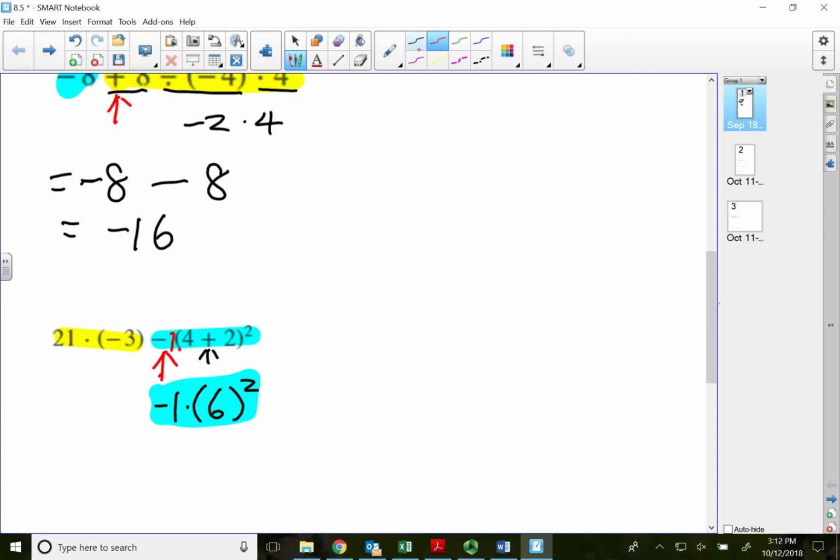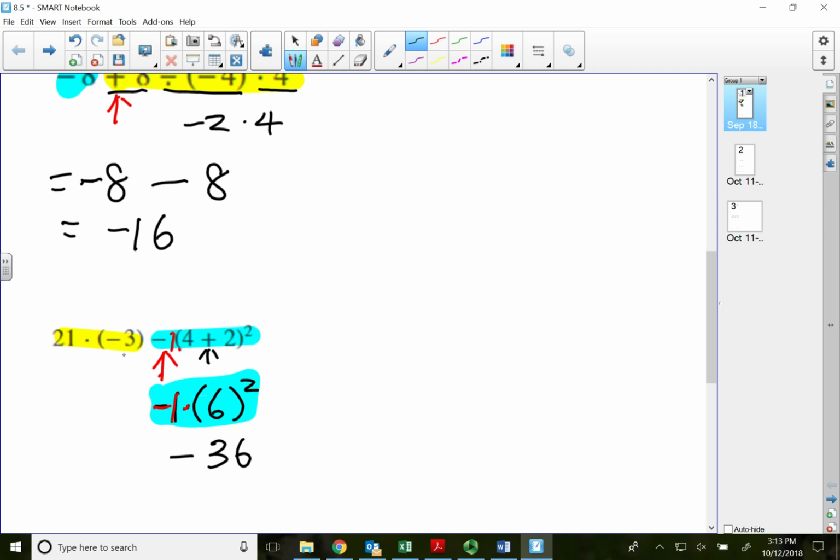So that means 6 squared. The square is only on top of the 6. So 6 squared is 36. 36 times the -1 that was already up front, because exponent comes before multiplication, that will actually make my 36 negative. So basically my second term comes out to be -36.